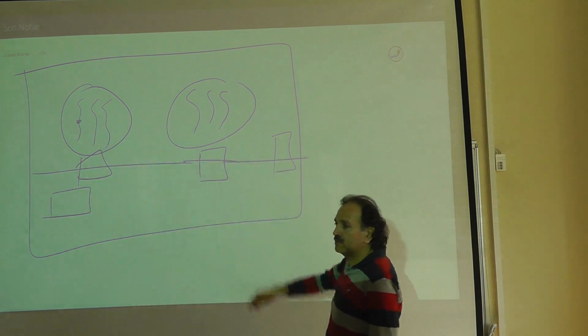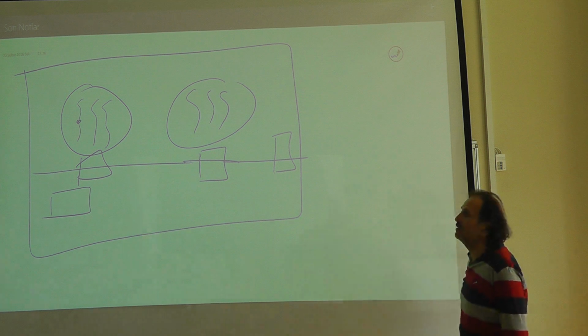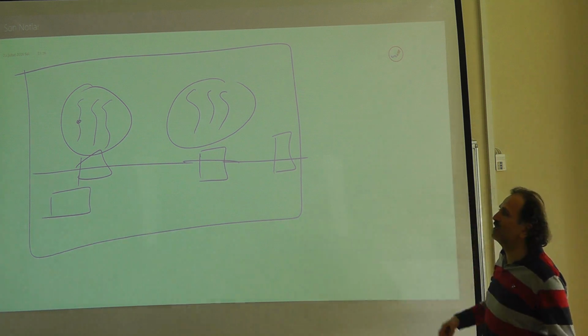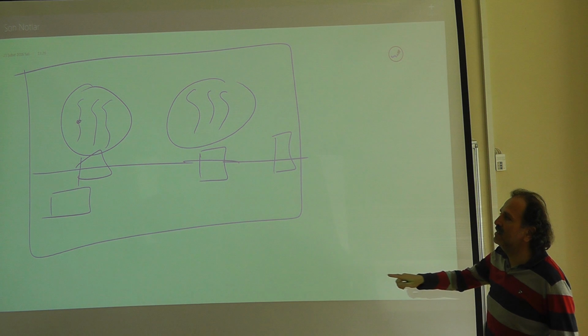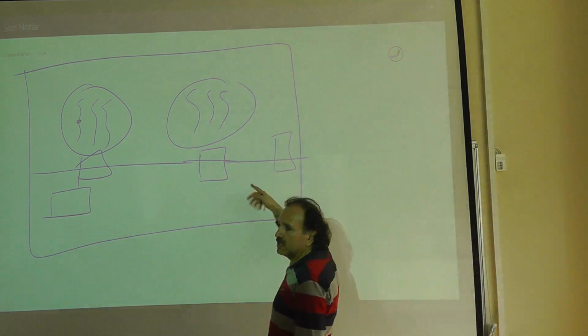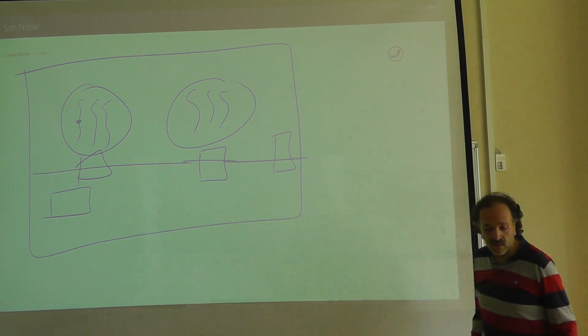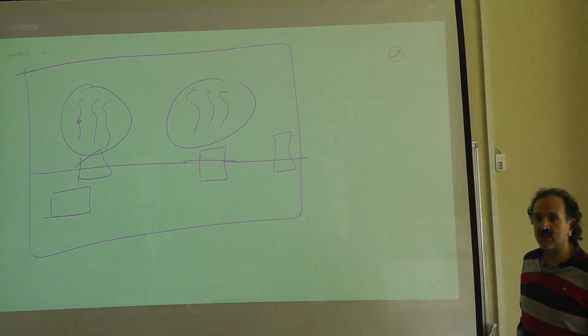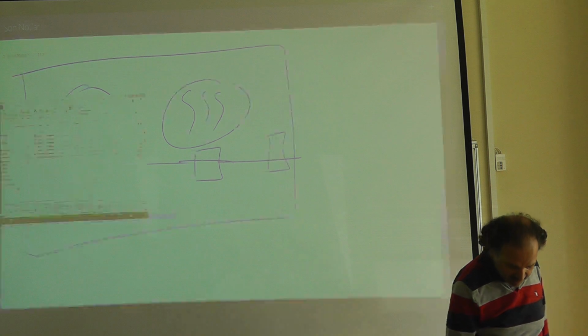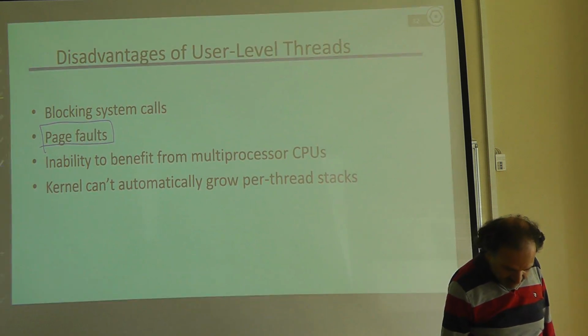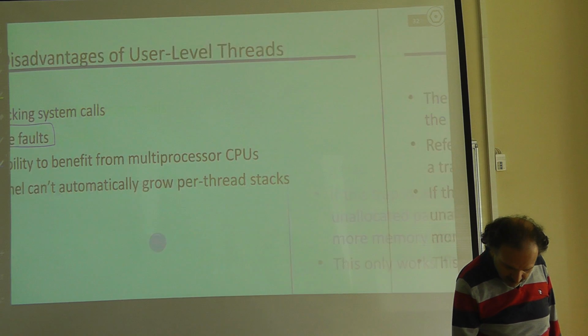They are not doing anything. That's inefficiency. Even though I can run each of those threads on one of these CPUs, I can't do it because I don't get help from the operating system. The operating system doesn't know that I am running threads. So these are the downsides of having user level threads.